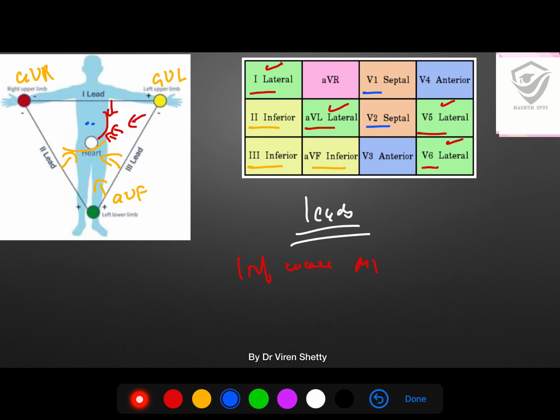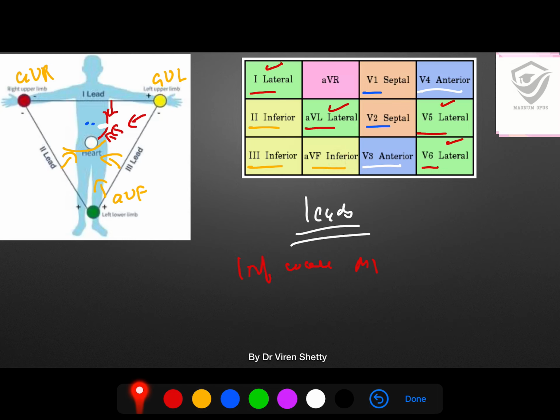And if your consultant tells you, okay, this is an anterior wall MI, so you will have changes in V3, V4, because V3, V4 are present anteriorly here. So for anterior wall MI, changes will be seen in V3, V4. For septal wall MI, V1, V2. For inferior wall MI, 2, 3, AVF.